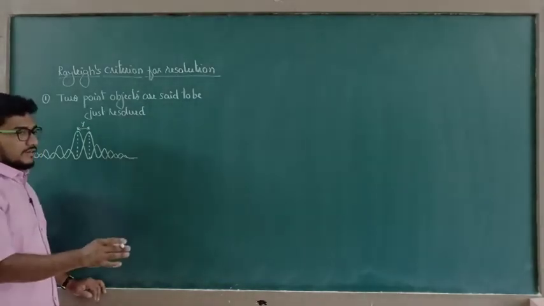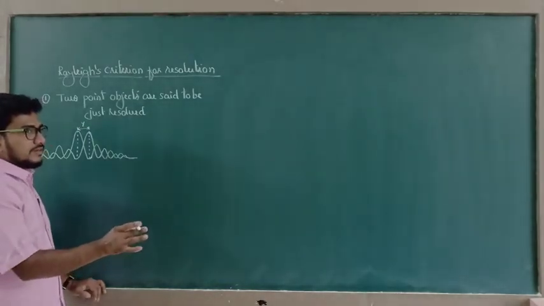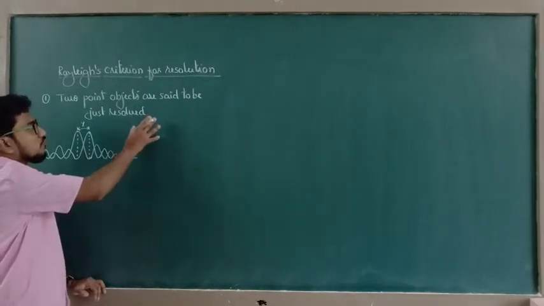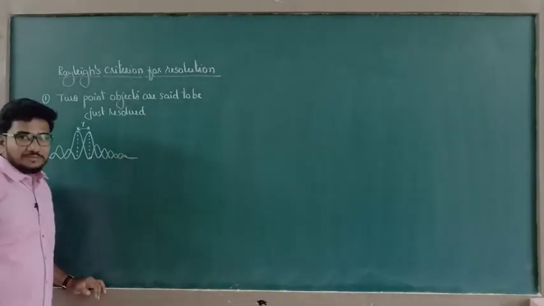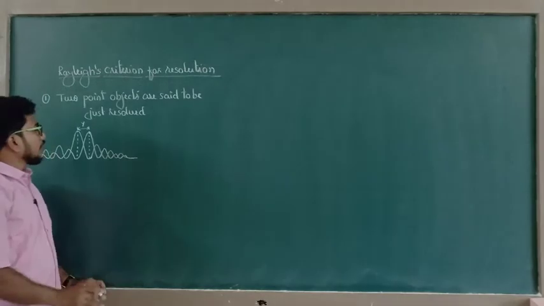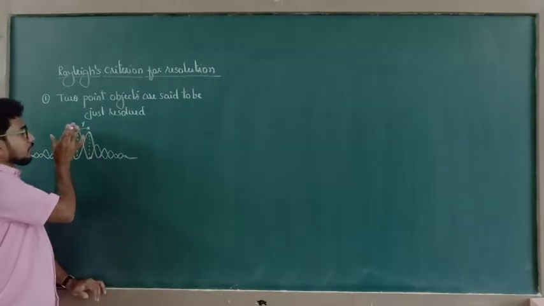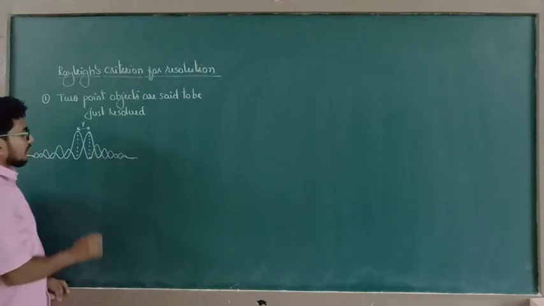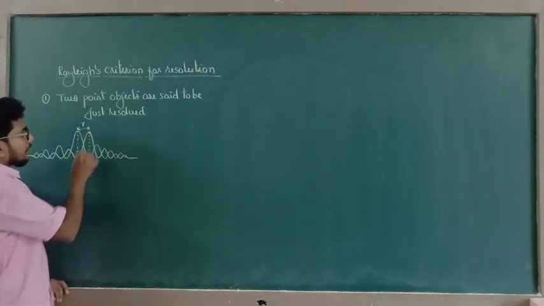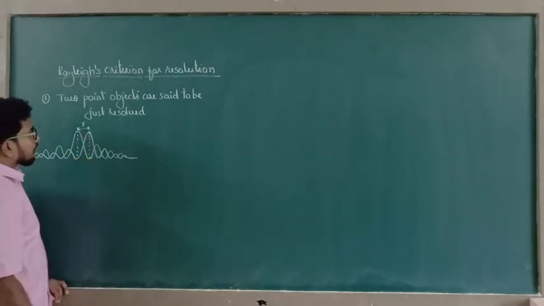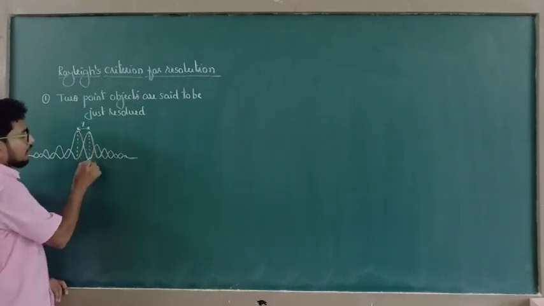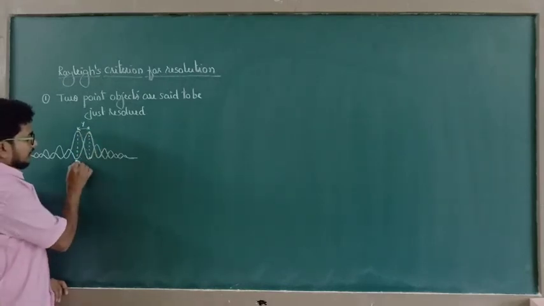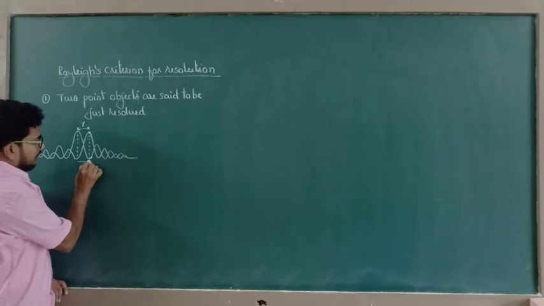So we are finding some way to say when two point objects are just resolved. That way is nothing but considering the distance between two central bright maxima of two point objects, and the distance between the central bright maximum of one point object from its first secondary minimum.